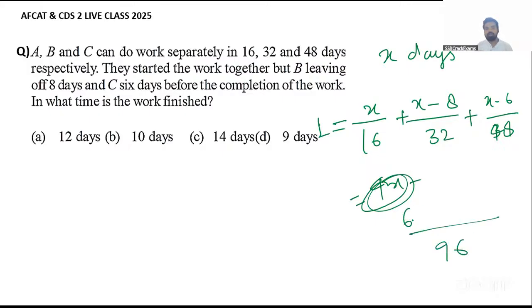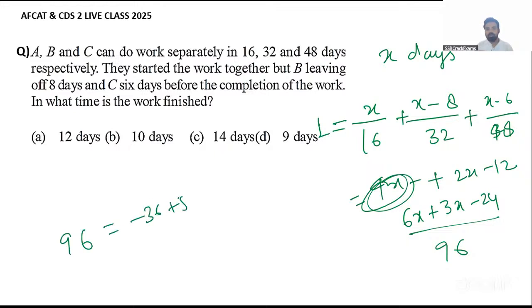So it is 6x, and it is 3x minus 24, and plus 2x minus 12. So 96 is equal to 6x plus 3x plus 2x minus 36.